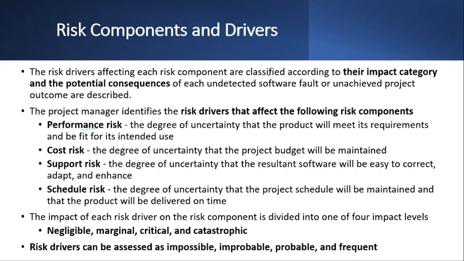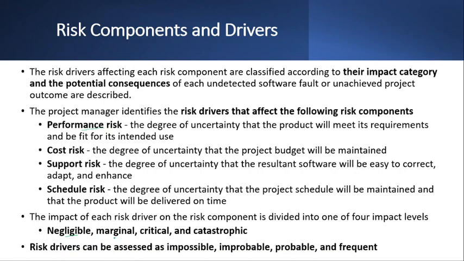Now the impact of each risk driver on the risk component is divided again into 4 impact levels. This is the most common one, and in some other books you will find even 5. I start with the negligible one, not from the low. Some others start with the low.